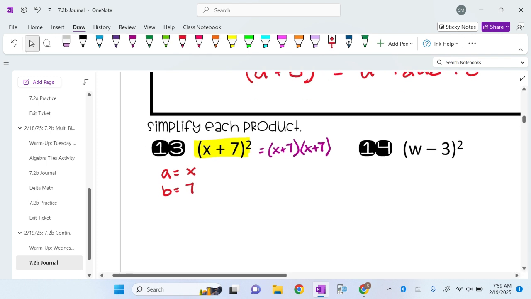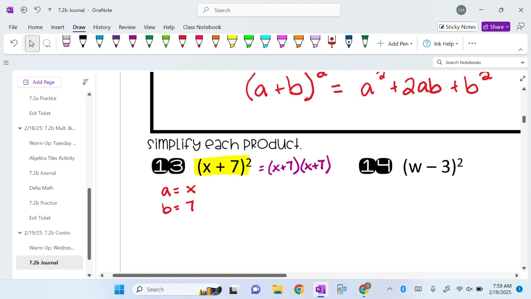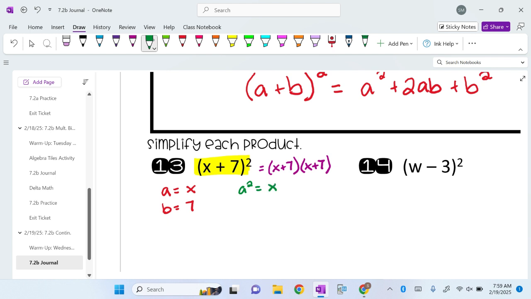All right. Then I'm going to put it into the formula. So I'm just going to do it kind of individually. So for the a squared part, we're literally just doing x and then squaring it. Because if you raise x to the second power, that's just x squared. Now, the 2ab.